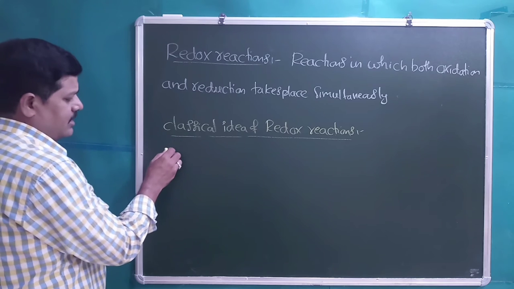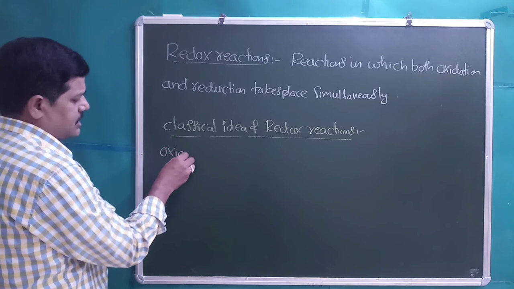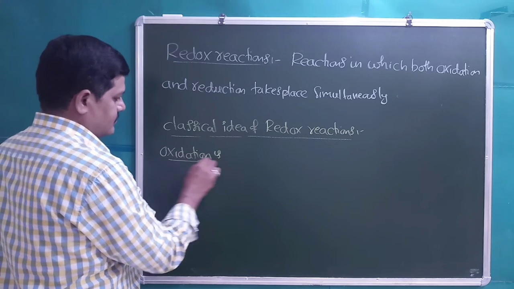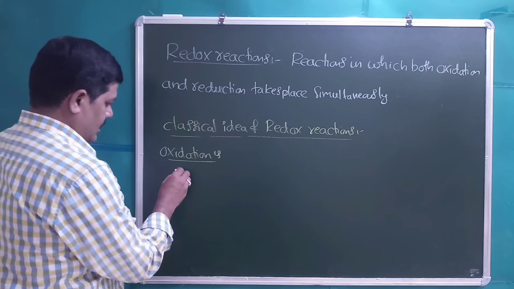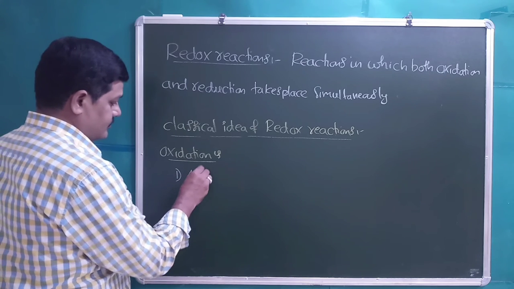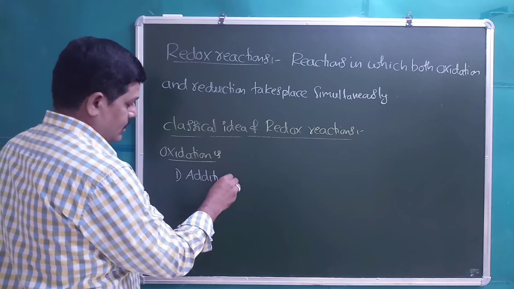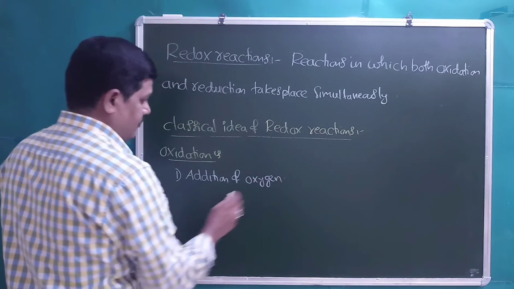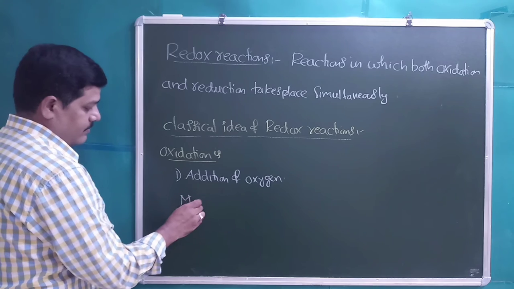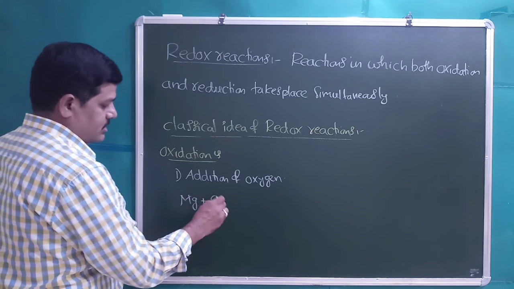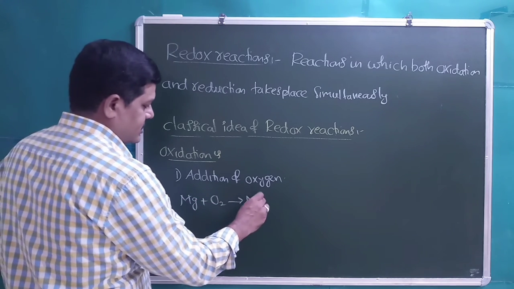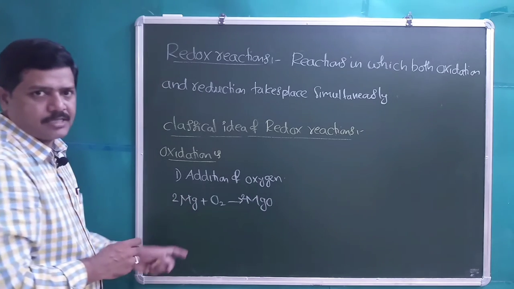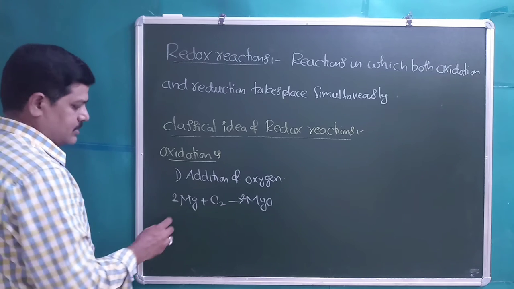According to classical concept, students, oxidation is defined as addition of oxygen. For example, burning of magnesium will give MgO. Addition of oxygen is oxidation. 2Mg plus O2 gives rise to 2MgO.